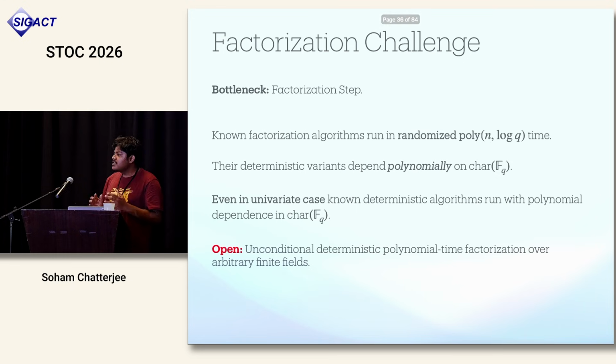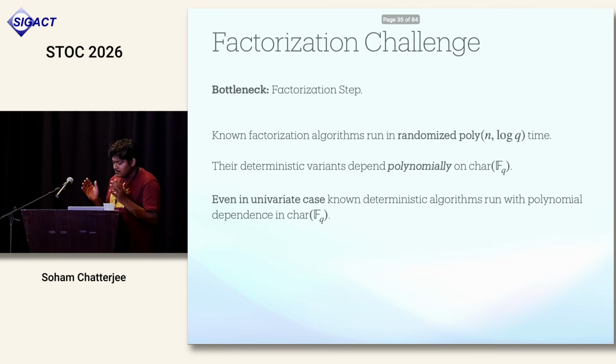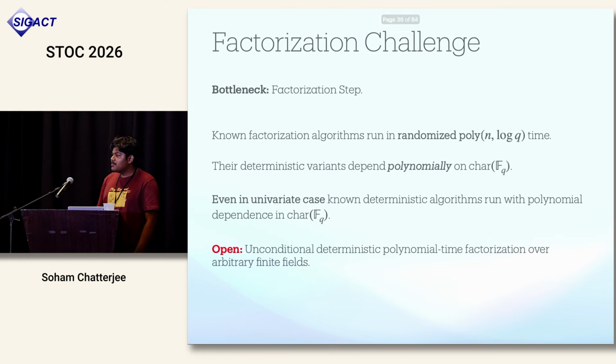So running the bivariate factorization blindly will not give you a proper deterministic polynomial of n and log q runtime. It is still an open problem to have factorization algorithms for arbitrary fields without any assumptions. Even for quadratic univariate polynomials, we don't know any such algorithms.